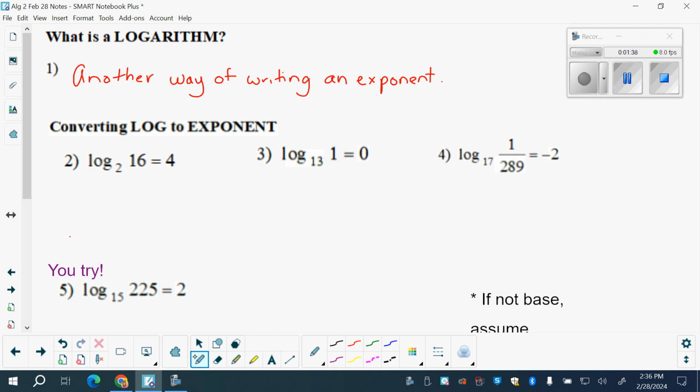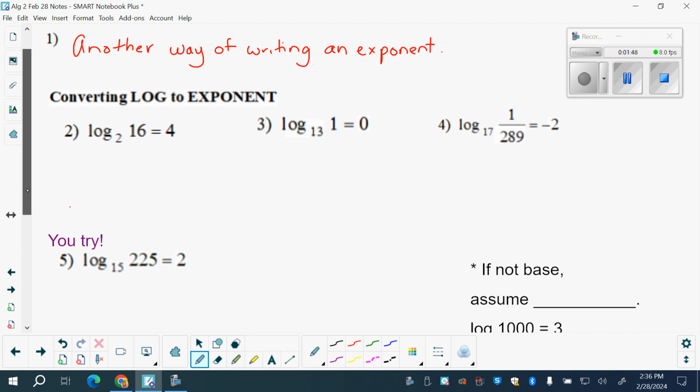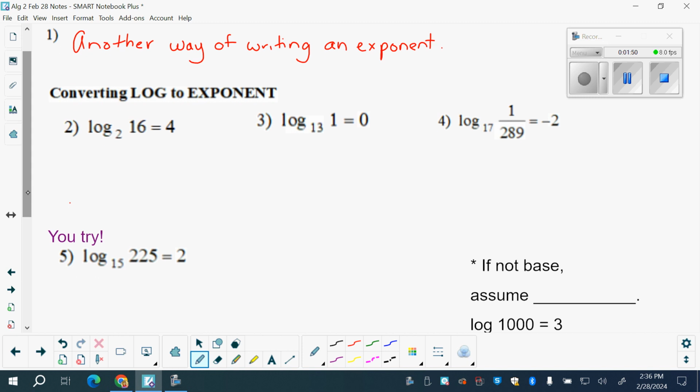Okay, so when you have a log, log is short for logarithm. We use that word log a lot. So what we want to do is change it to exponential form here. So the base of this is 2. So the base of your exponential form is going to be the same. It's going to be a 2. So what's different is the answer here. Let me write base here.